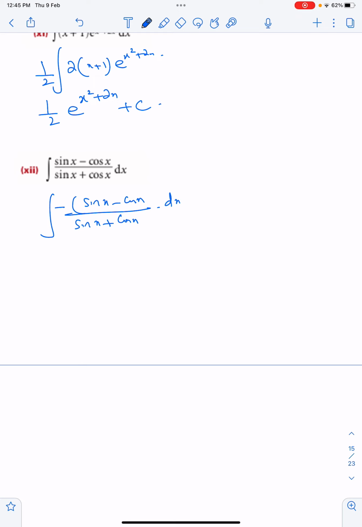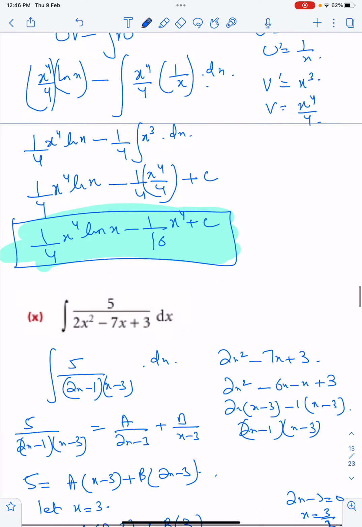I have multiplied it by negative so that both the signs become the same. Both the signs become what we want. Okay, as a result, you multiply it by minus 1 outside. So minus ln(sin x plus cos x) plus c will become the final answer.